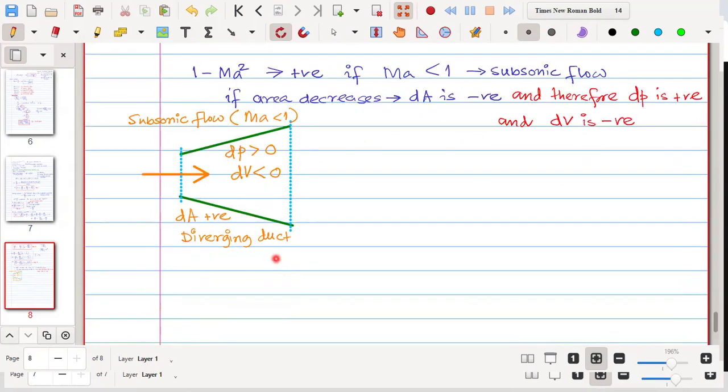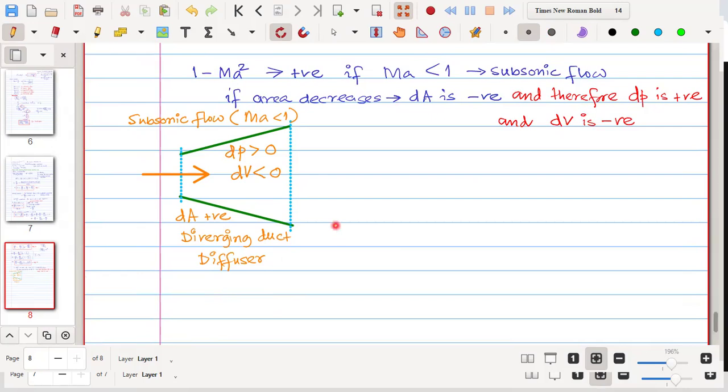We call this duct a diffuser. So this duct we call a subsonic diffuser. Subsonic flow and the velocity is decreasing, so we call it a subsonic diffuser.